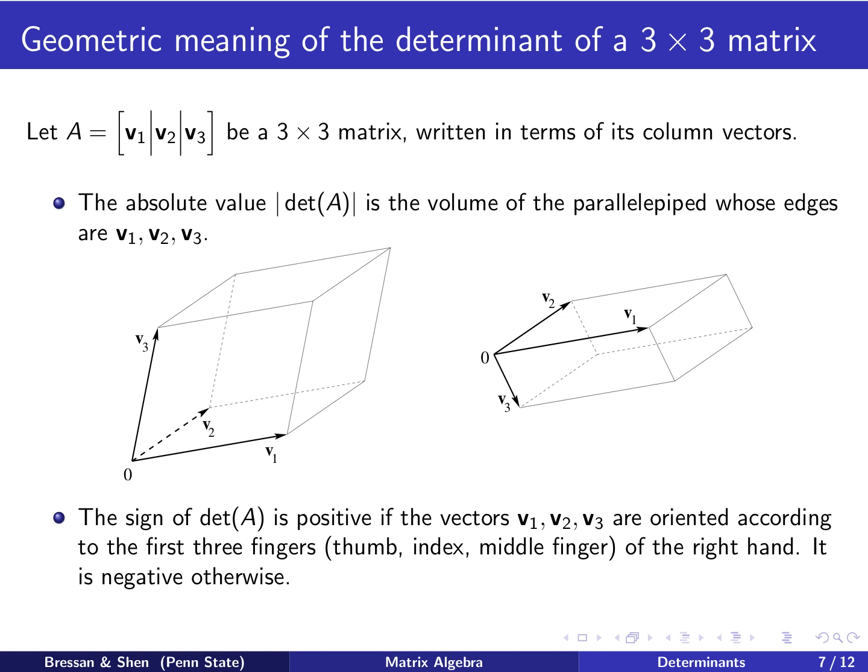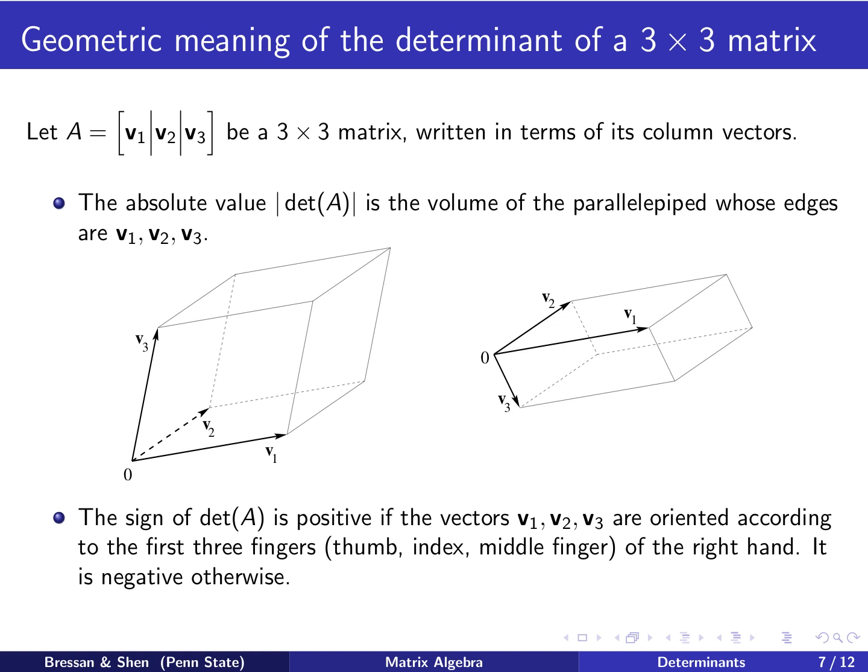If you can point the thumb in the direction of v1, and the index in the direction of v2, and v3 is in the direction of your middle finger, then the determinant would be positive, otherwise it will be negative.